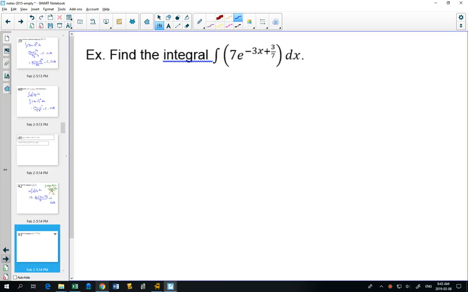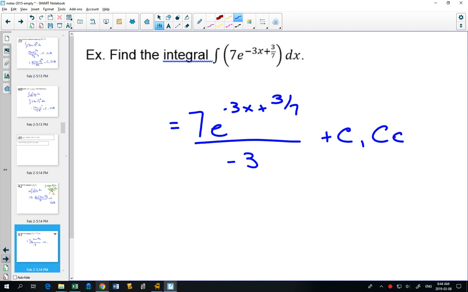So integrating this one, we have e, and we do have an ax plus b inside. So the derivative will start by being the same, or I mean the integral will start by being the same, and then because of a chain rule, we'd have to divide by -3.